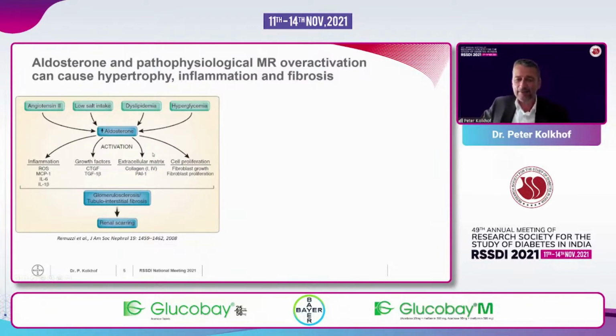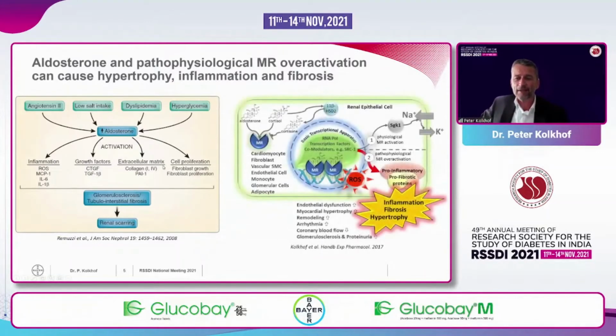And here is a nice summary on the left side by Remuzzi from Bergamo, who in 2008 summarized the current knowledge about what aldosterone is doing in the kidney beyond sodium-potassium exchange: inflammation, hypertrophy, extracellular matrix, and cell proliferation, leading to glomerulosclerosis and tubulointerstitial fibrosis. That was very nicely summarized.